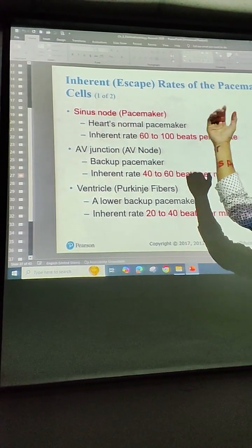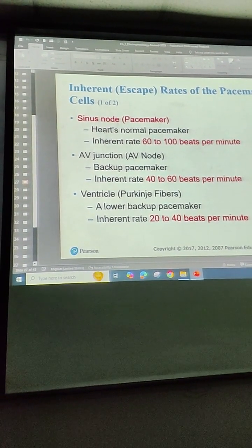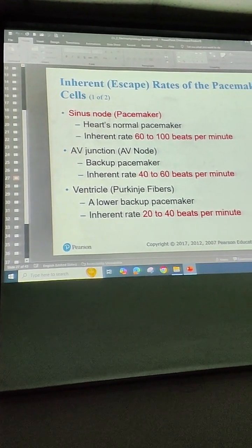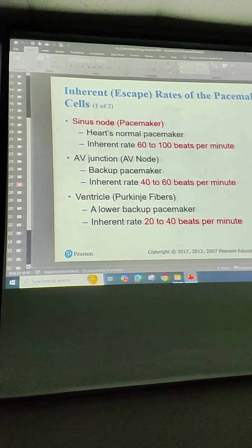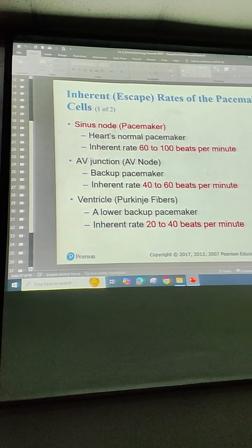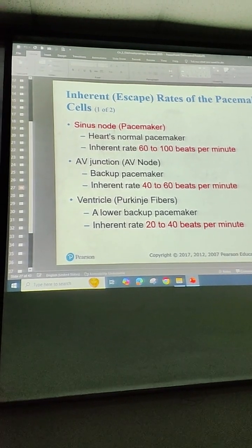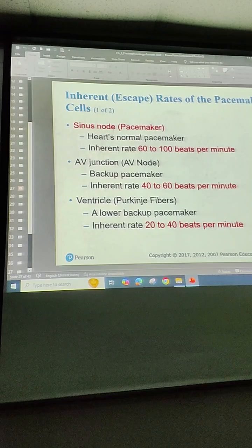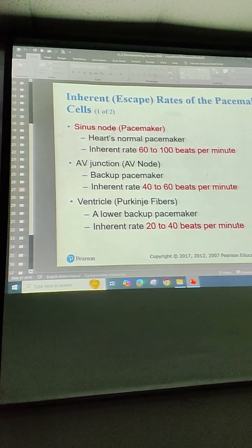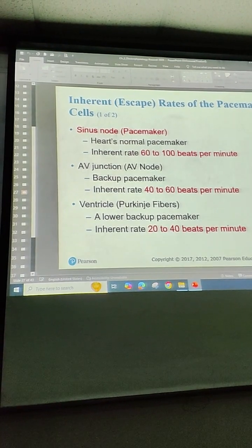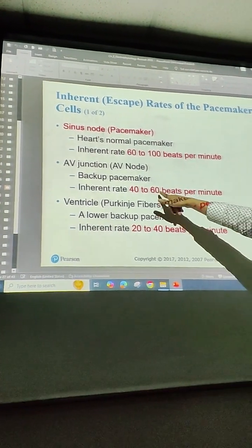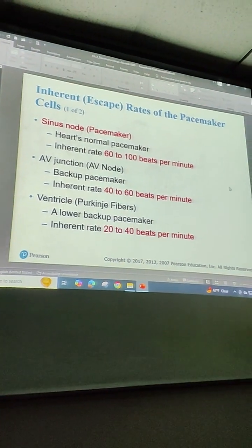This 60 to 100 beats per minute is a lot for our heart to function. But if I cut it down to 40 to 60, how much do you think your heart can work? Not much. For how long can this pace keep you alive? Not for so long. Because remember, 60 will be the lowest you can get.